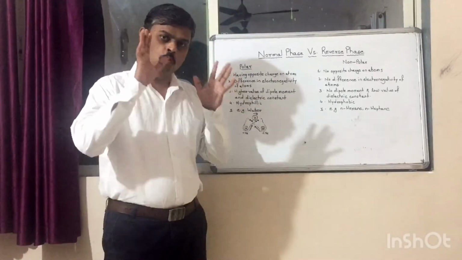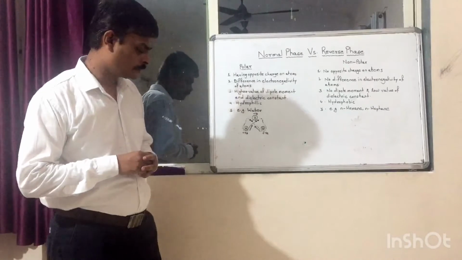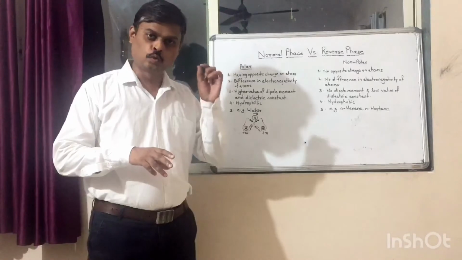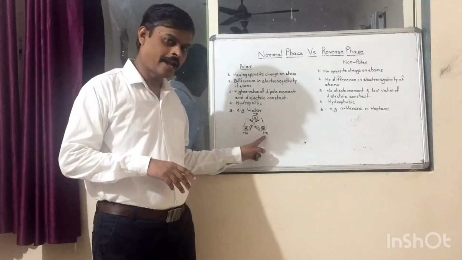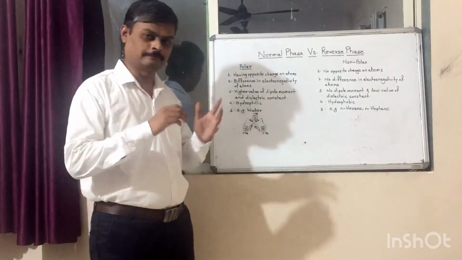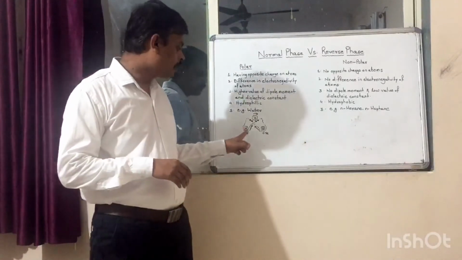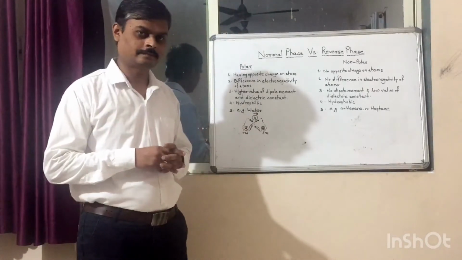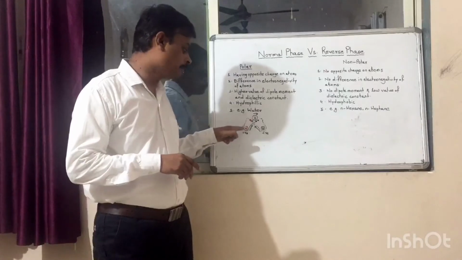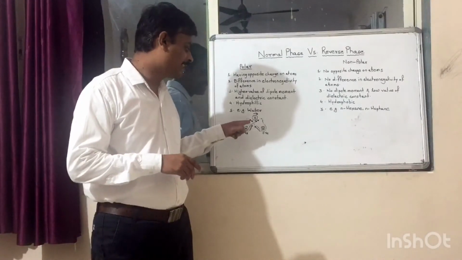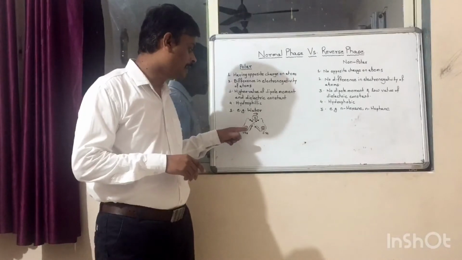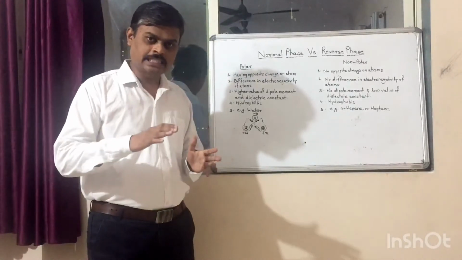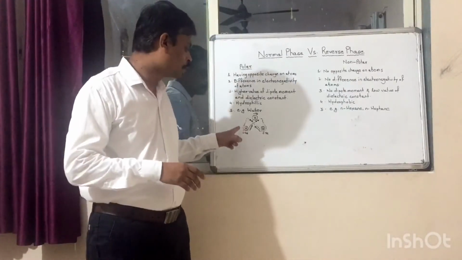Let's take the example of a water molecule. A water molecule is formed by two atoms of hydrogen and one atom of oxygen. The bond between H and O is a covalent bond, formed by sharing the electrons between hydrogen and oxygen. Oxygen is highly electronegative compared to hydrogen.